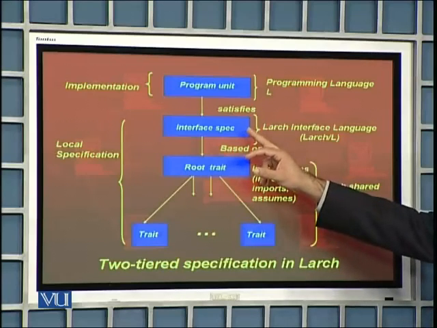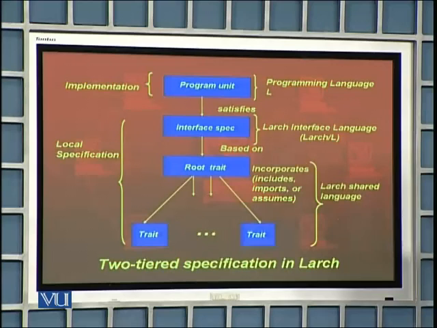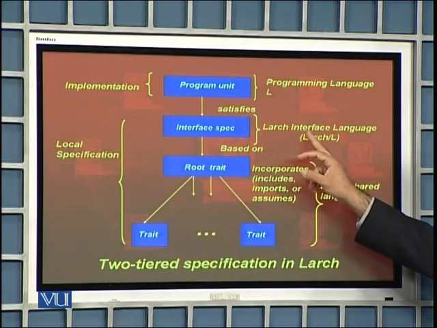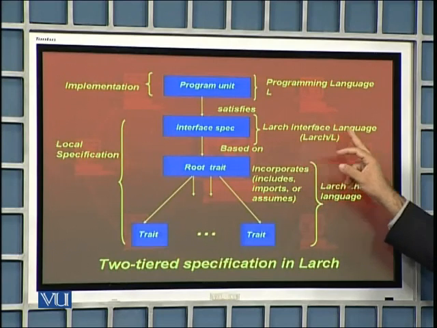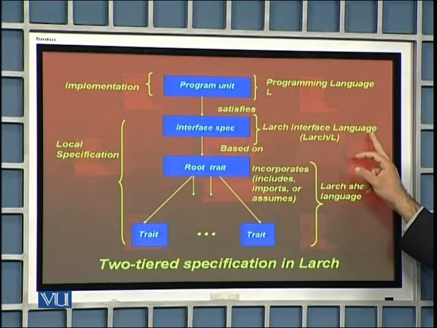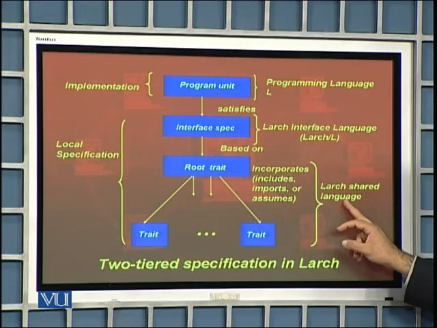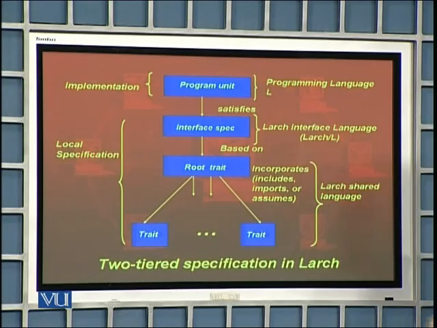Then we have Larch interface specifications. These interface specifications are written in what is known as Larch Interface Language, or LIL. This is LSL, this is LIL. And this part is dependent upon the implementation language.